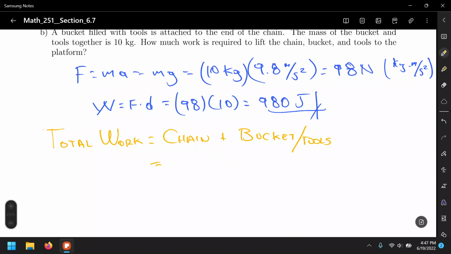The work done by the chain was 980 joules, plus the work done by the bucket and the tools is also 980 joules, totaling 1960 joules. All right, so this was the last example, and this is a good place to quit for this section.